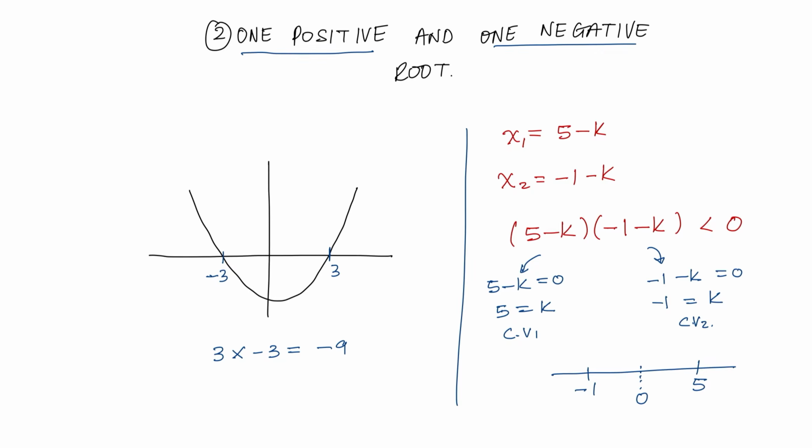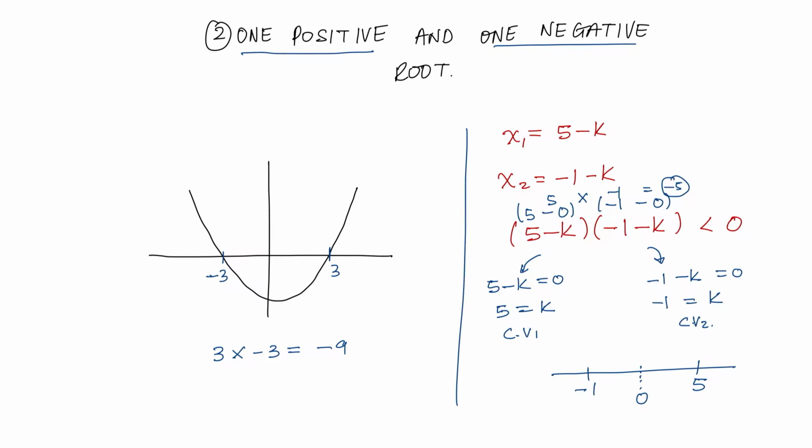So if I substitute 0, I'm going to have 5 minus 0 multiplied by minus 1 minus 0. 5 minus 0 is 5, times minus 1 minus 0 is minus 1. So 5 times negative 1 is negative 5. This is a negative value.